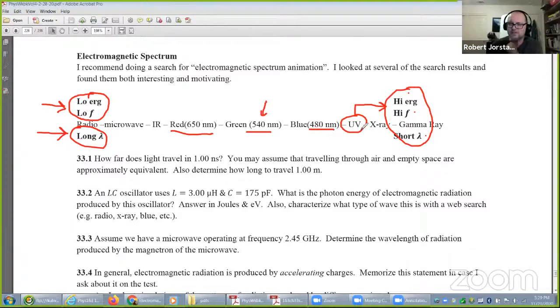But notice the closer you get to UV, right? Blue light is close to UV. That's around 480 or something. UV is like 420. If that helps you remember, maybe that will help you. And again, we're talking nanometers. So short wavelengths, X-rays, UV cause cancer. They have high energy. Okay. So that's how I remember it.